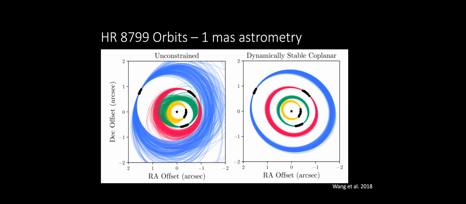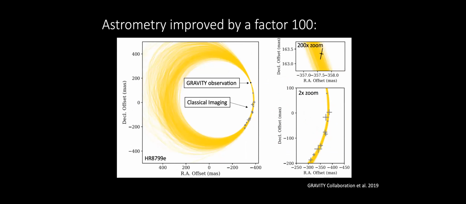Before that, with imaging, you could have typically 1 milliarcsecond astrometry, and to get the precise orbital motion, you would need additional constraints like coplanarity. With GRAVITY, we are another 50 or 100 times better in terms of accuracy on the astrometry. So now we can pinpoint the position of the exoplanets within 10, 20, 30, 50 microarcseconds.